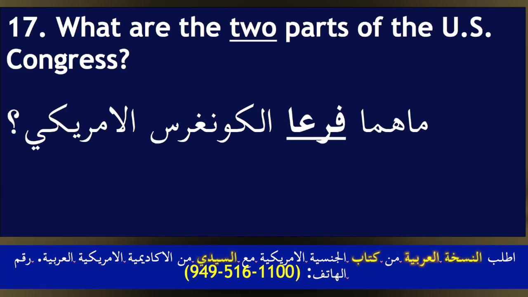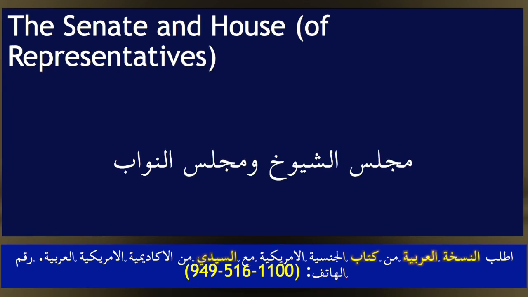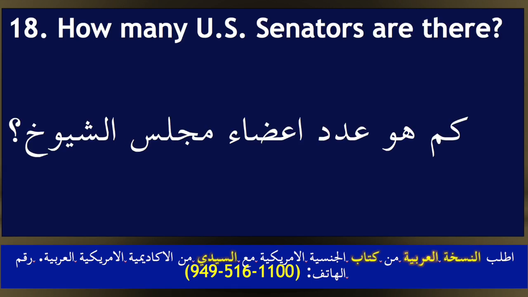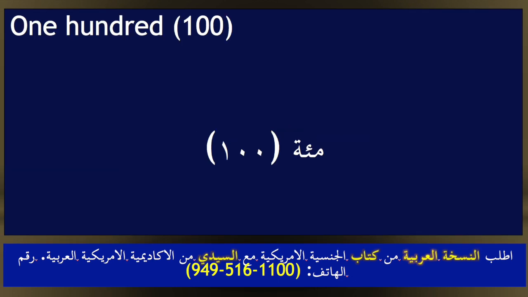Question seventeen: What are the two parts of the U.S. Congress? The Senate and House of Representatives. Question eighteen: How many U.S. senators are there? 100.